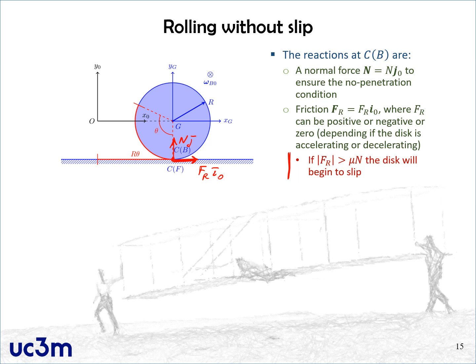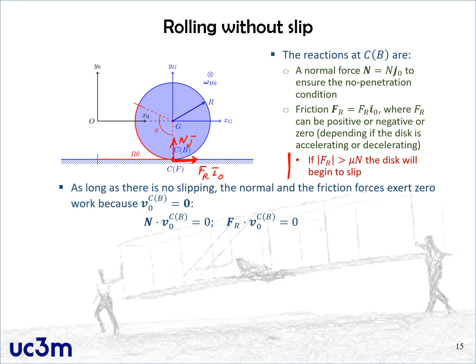This is what happens, for example, when you have a car and you hit the pedal very hard and try to accelerate very quickly. The wheels of the car can skid on the road. They will begin to slip. However, if you accelerate slowly, this will not happen. There will be no slipping.